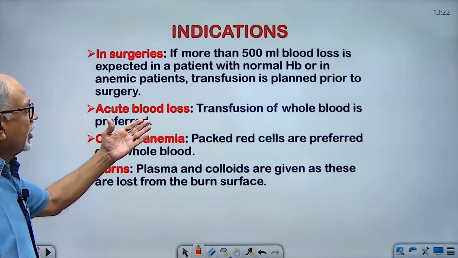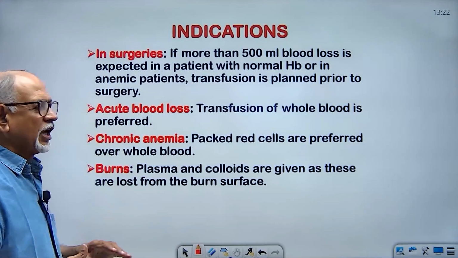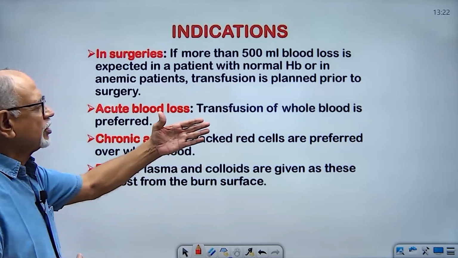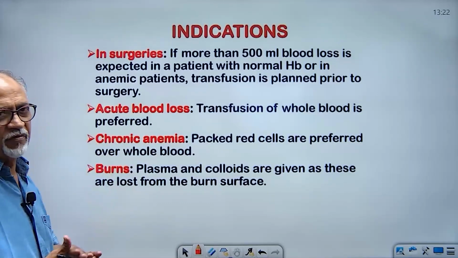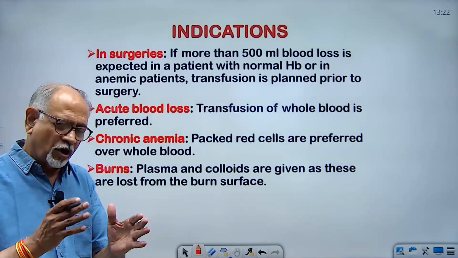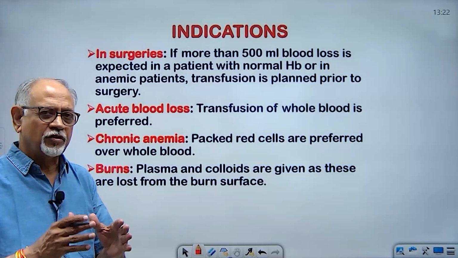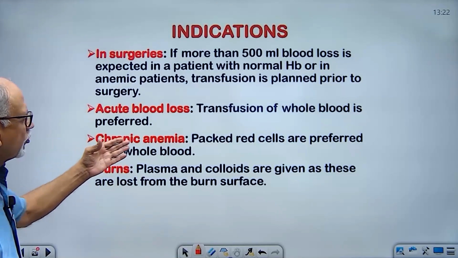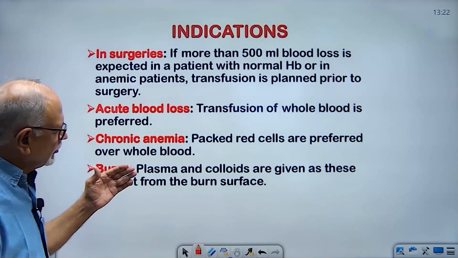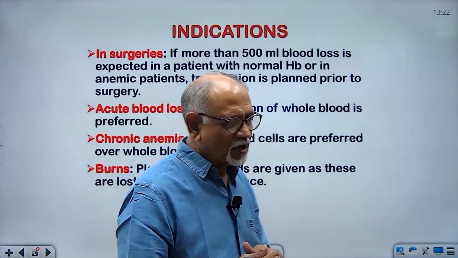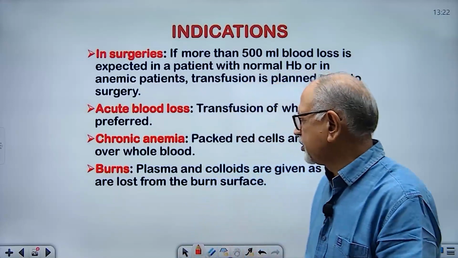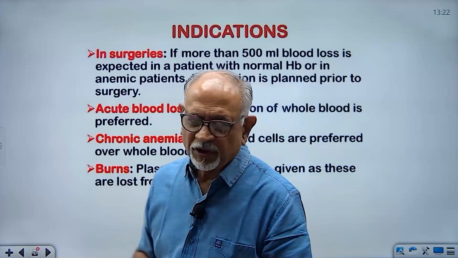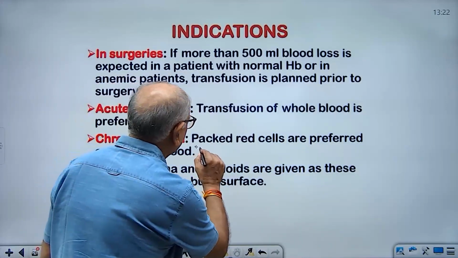In case of acute blood losses, like in an accident or any other cause, transfusion of whole blood is preferred because all the components of blood are lost. So, it is preferred to transfuse the whole blood. In case of chronic anemia, where the anemic condition is prolonged for a very long period, it is preferred to transfuse packed red cells.